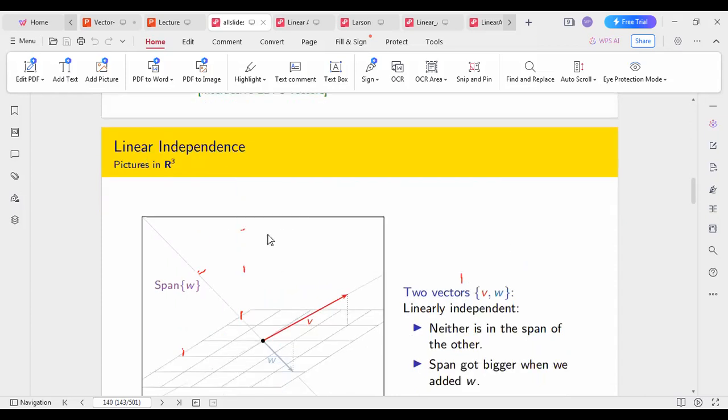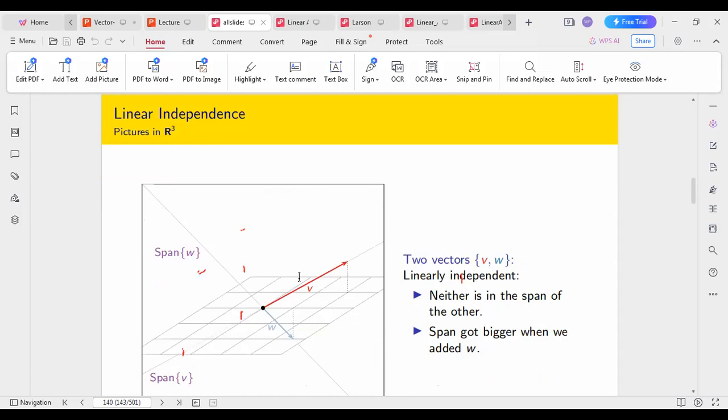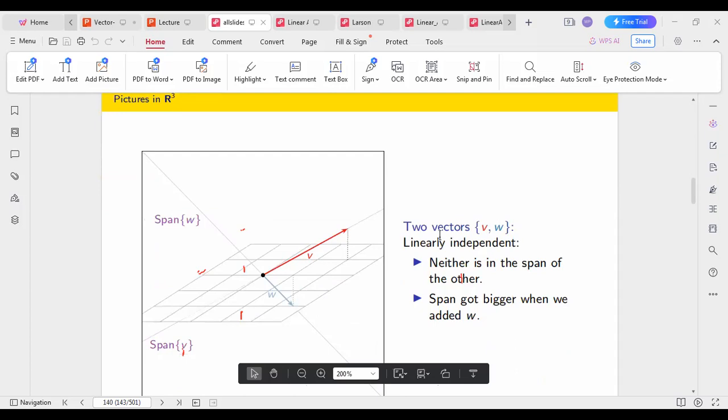Now, the linear independence in R3 space, that means a span of B here and a span of W. Two vectors B, W are linearly independent if neither is in the span of the other.